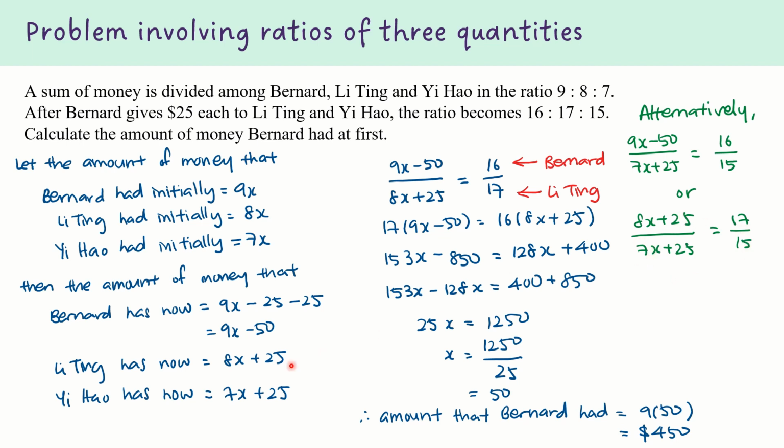Also, we can consider Yi Hao versus Li Ting the other way around, or Li Ting versus Bernard, or Yi Hao versus Bernard. So we could also flip it around. It doesn't quite matter. Our value, if you go ahead and try it on your own, is that Bernard will have $450 at the start.